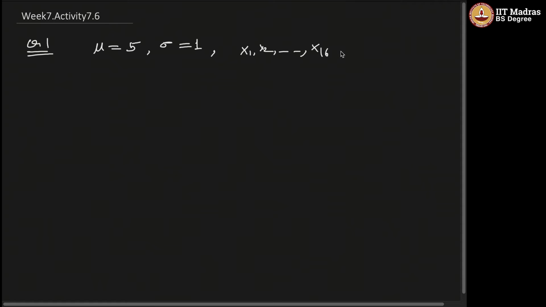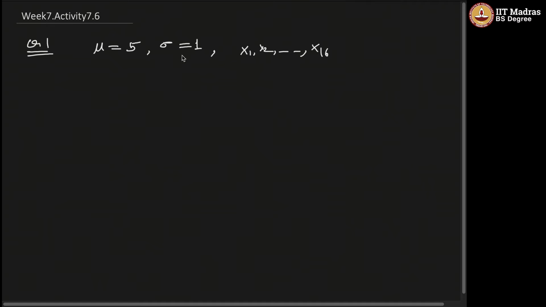Those machines which follow normal distribution, right? Each machine is following normal distribution. So each xi is a machine which is following a normal distribution with mean 5 and standard deviation 1.